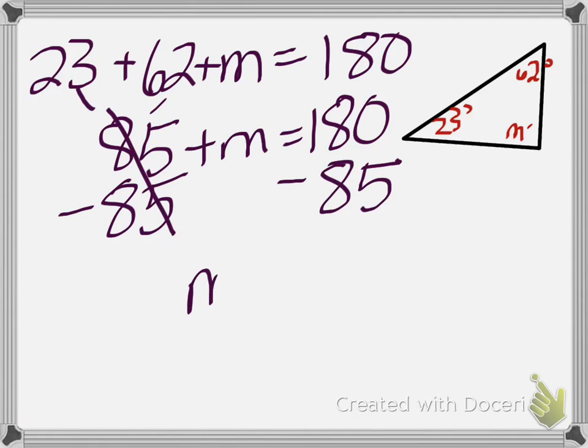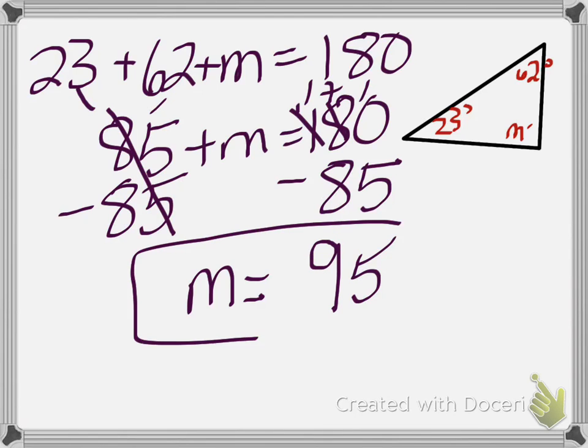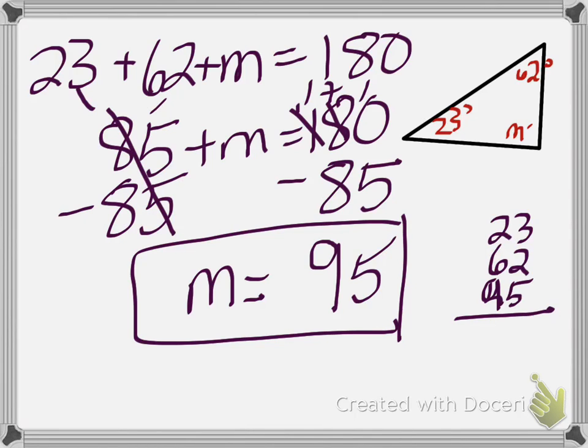That goes away, and you get m equals 95. And if I checked 23, 62, 95, I would get 180. So I'm good to go.